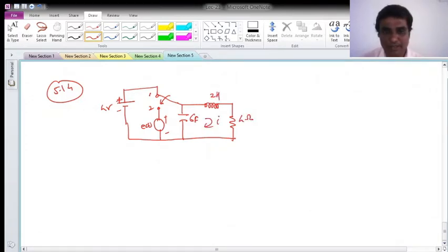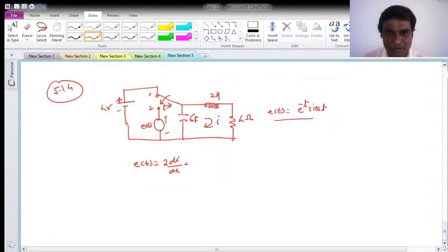So I find I of t, and given that your E of t is e raised to minus t sine 2t. Okay, so with that I think Laplace transform is the best way to solve such kind of circuit. So I'll write, if I move the switch from position 1 to position 2 at t is equal to 0, what I can write, E of t is equal to, again as this is in parallel with the source, so this is ineffective, so I can write 2 di by dt plus 4i.